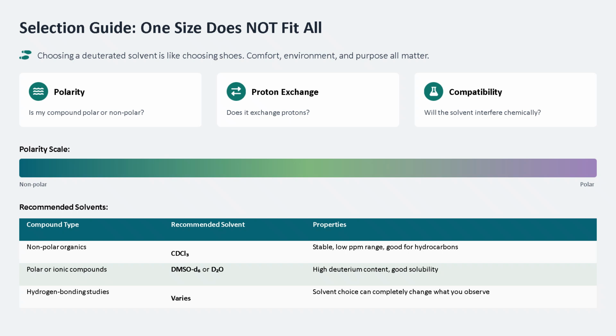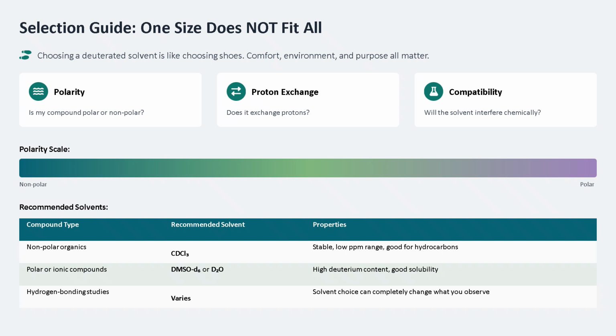Choosing a deuterated solvent is not a one-size-fits-all decision. It's more like choosing the right tool for the job. First, consider polarity. Is your compound non-polar or highly polar? Second, think about proton exchange. Does your molecule contain OH or NH groups? And finally, check chemical compatibility.